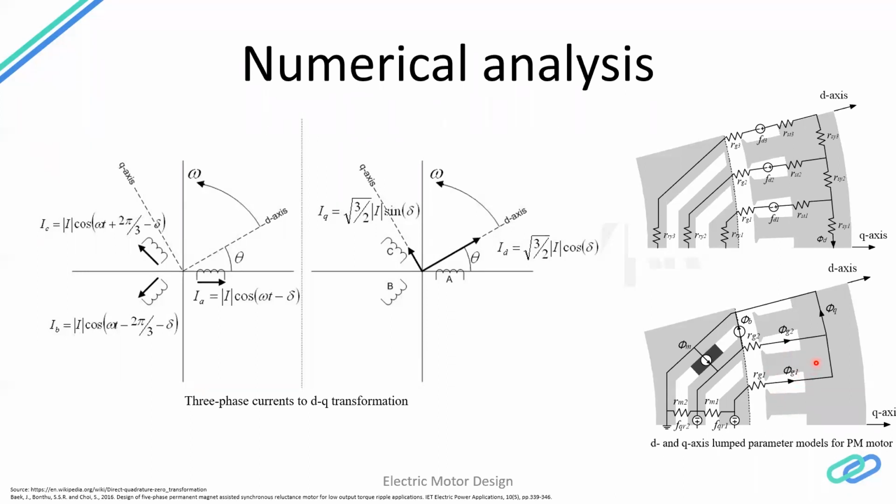Obviously, that's basic electromagnetic theory: that's how flux is developed when current flows through a coil. So you come up with your magnetic equivalent circuits, and then you can solve them in MATLAB, and the result you get should be equal to the finite element analysis result. It's just two different ways of solving it, but numerical analysis can be more accurate, though more time consuming too, because you have to solve all the equations yourself or using MATLAB.